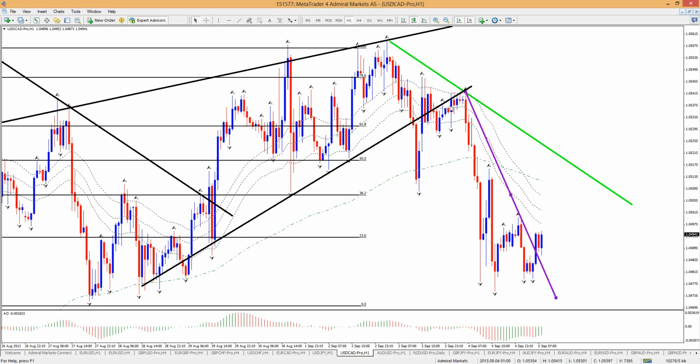I'm not saying that steep trend lines will never work, but I prefer shallower trend lines, or at least trend lines with a 45-degree angle.